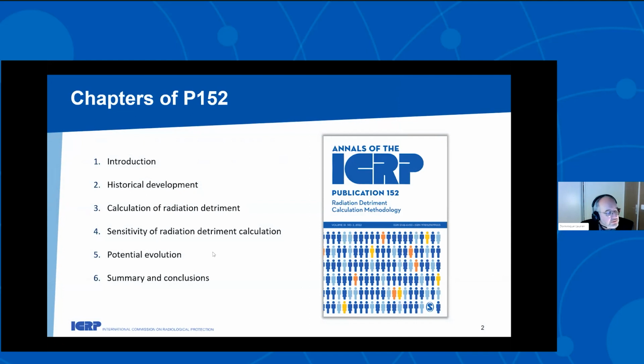And Wei Zhang presented section 4 on the sensitivity to illustrate what is the impact of the different elements that are used in the calculation of the detriments. And I'm going to present to you the potential evolution that are recommended in publication 152. So what's next after publication 152 for radiation detriment?